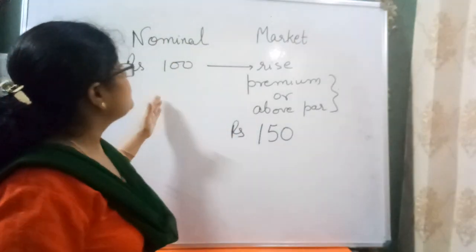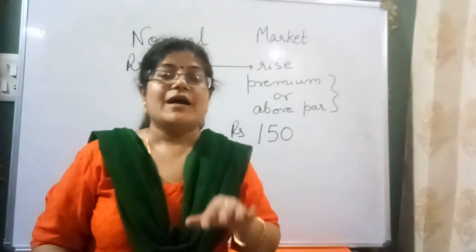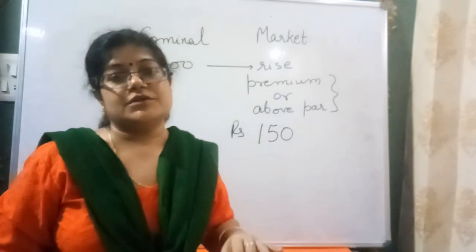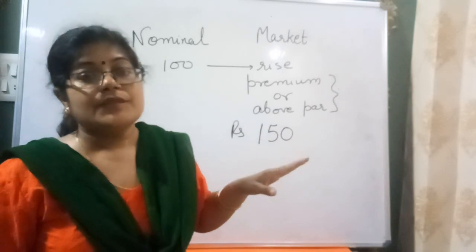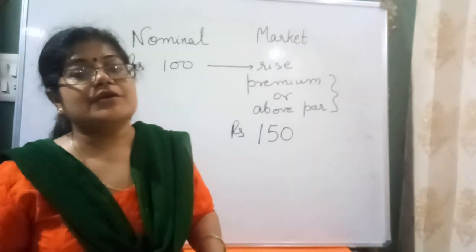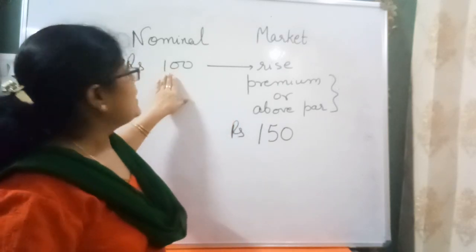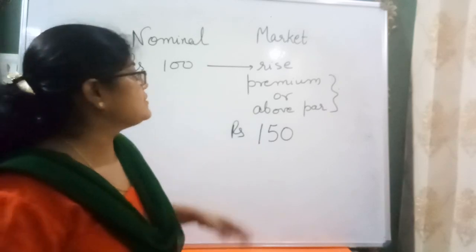And nominal value of the share is the price at which the company announces the share. And on the nominal value of the share, the company gives the dividend or the annual income, etc. is calculated at nominal value. It is the topic which I will take later.